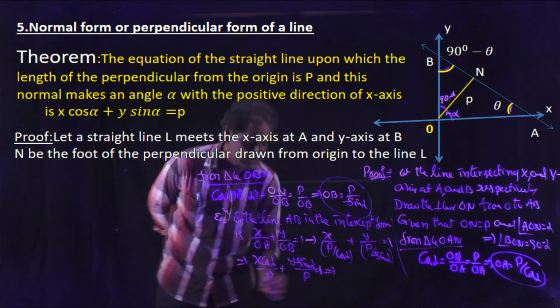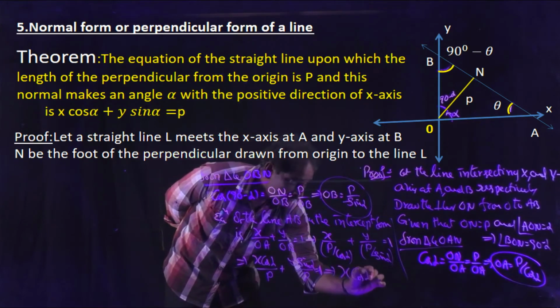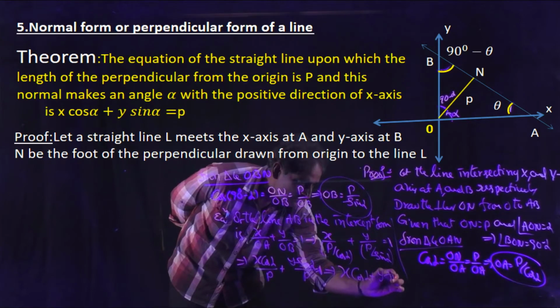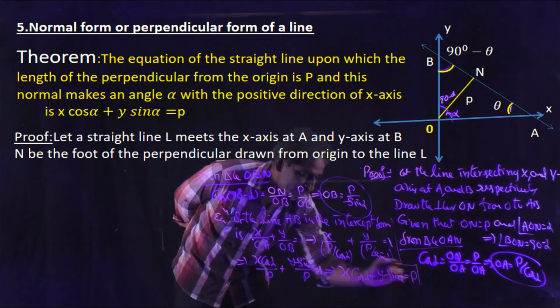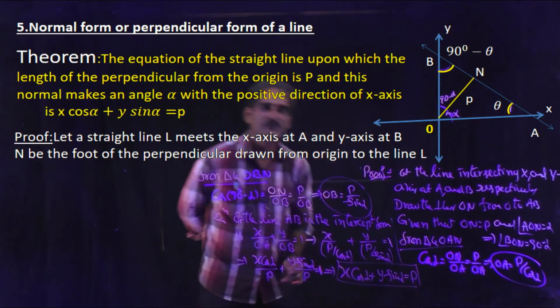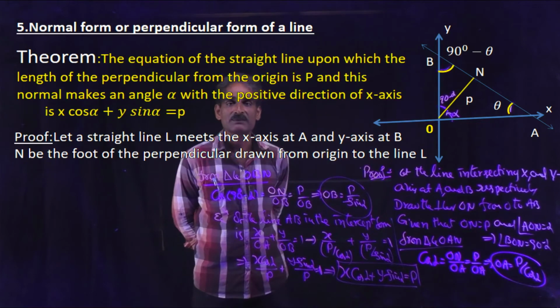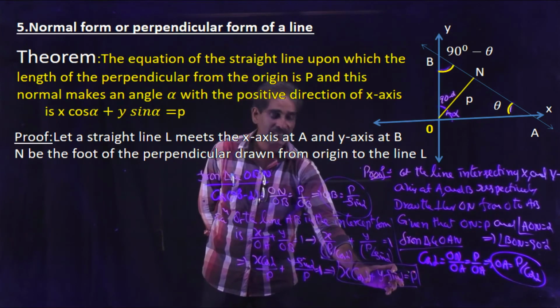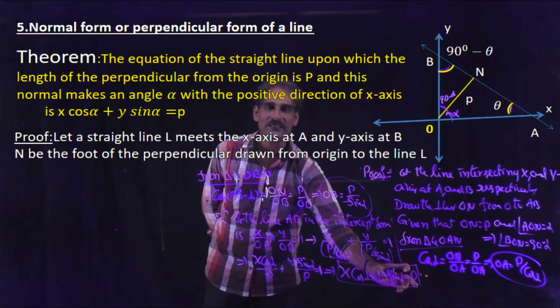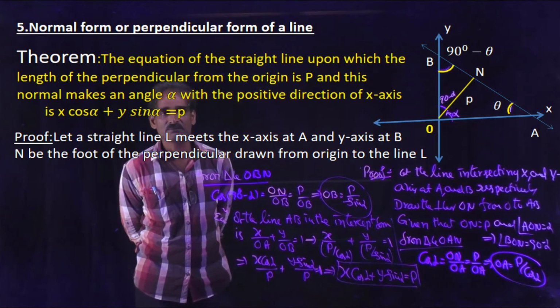This implies x cos alpha plus y sin alpha is equal to p. This equation represents the line AB. Here this equation contains normal making angle alpha and normal length p. This form is called normal form of the line.